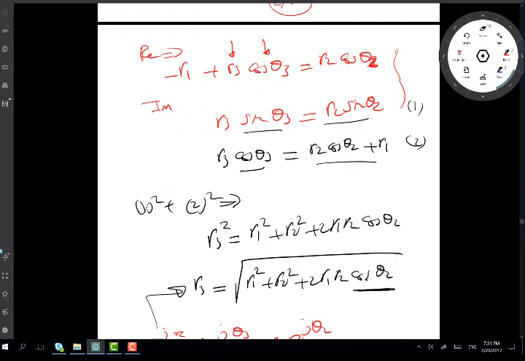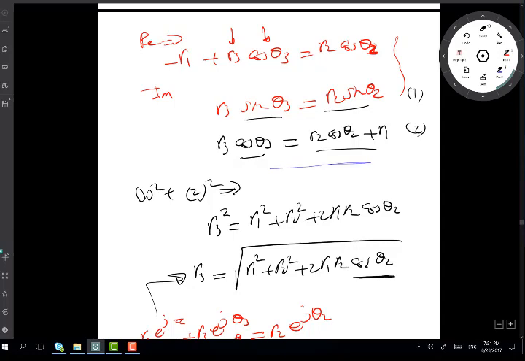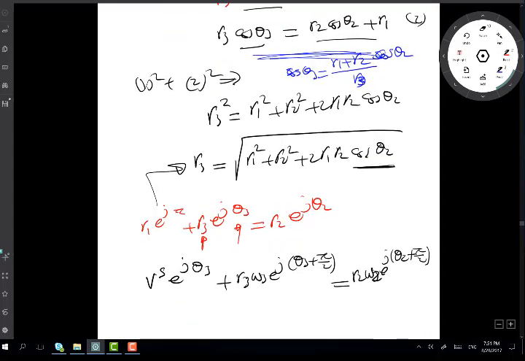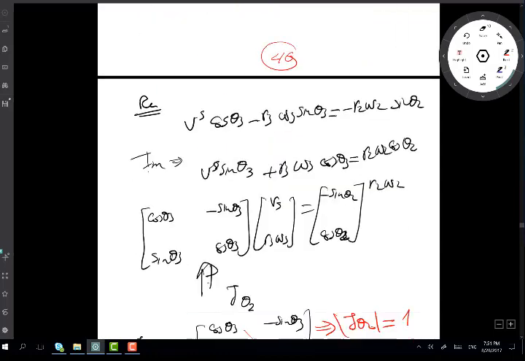So we can get theta 3 from here: cosine theta 3 is equal to R1 plus R2 cosine theta 2 over R3. Then theta 3 is cosine inverse of R1 plus R2 cosine theta 2 over R3, and you have your theta 3 as a function of theta 2.